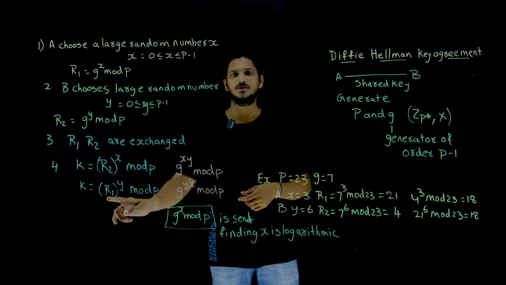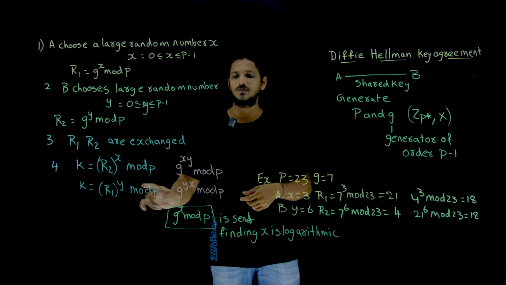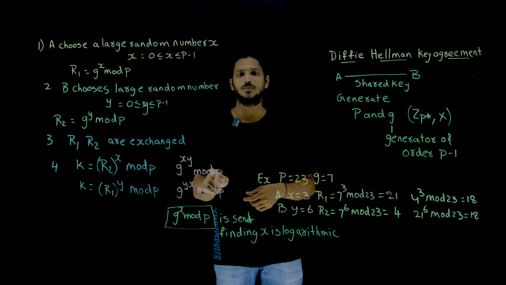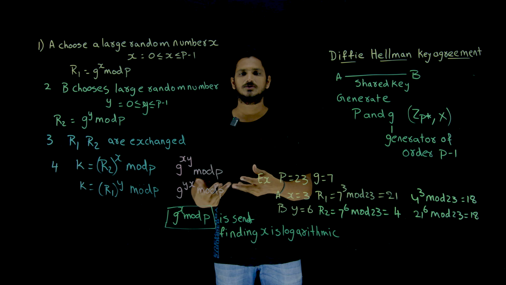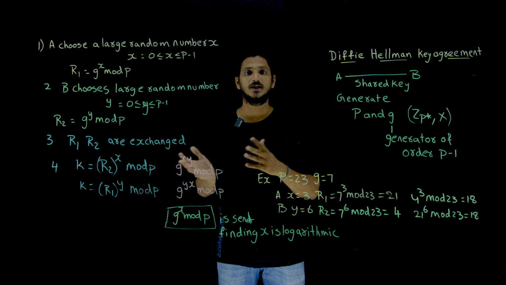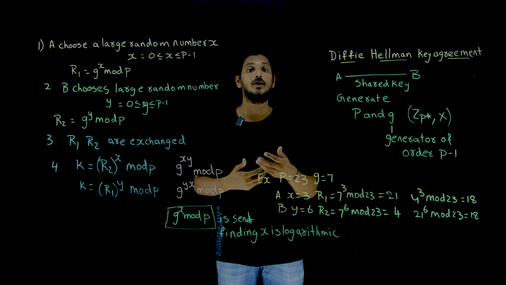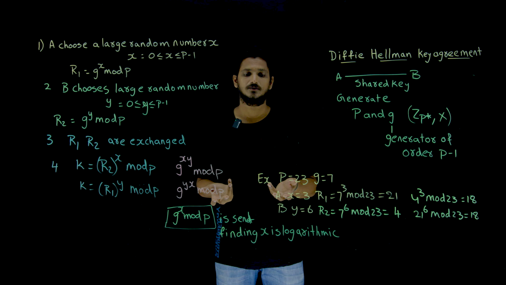Similarly, R1 means G power X, so G power X power Y means G power YX mod P. Both are getting the same value. That's why it is called the key. The key is exchanged between A and B without being known to other parties.